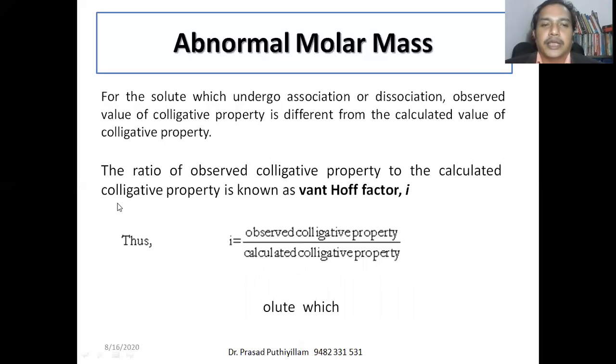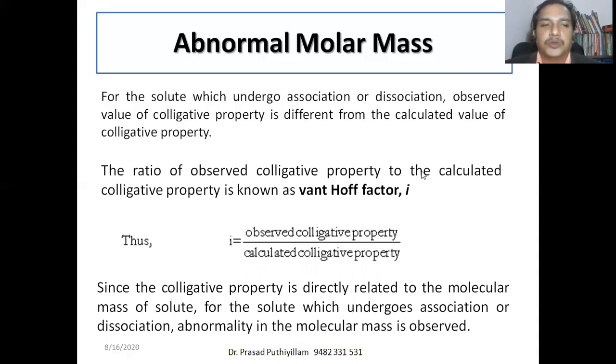The ratio of observed colligative property to the calculated colligative property can be treated as a factor known as the Van't Hoff factor. This expression was derived in 1880 by Van't Hoff: factor i equals observed colligative property upon calculated colligative property.